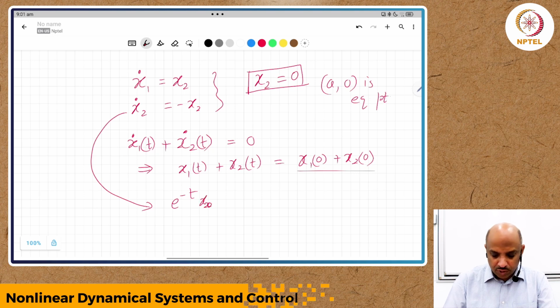So that means x2 is bounded, and that actually shows that x2 is going to go to 0. And if x2 is going to go to 0, x1 is therefore going to remain this entire constant minus x2, so x1 of t is going to go to this particular number.